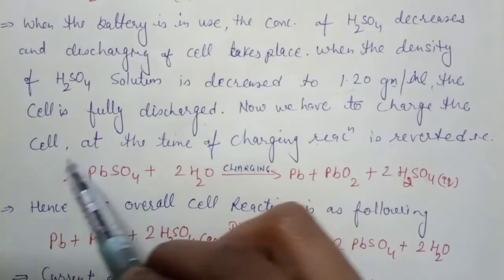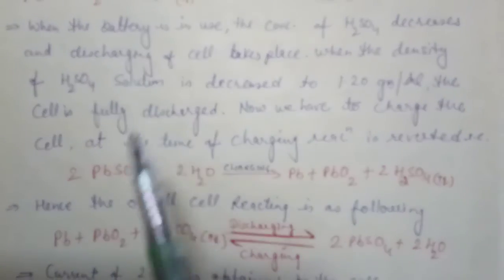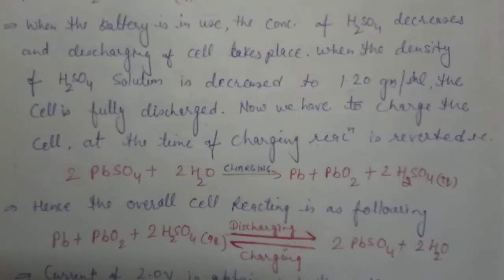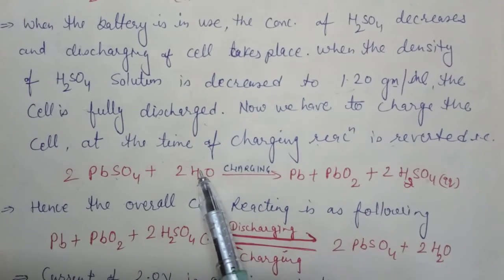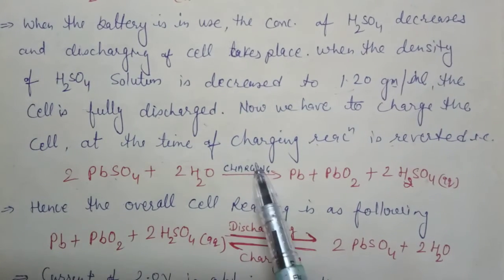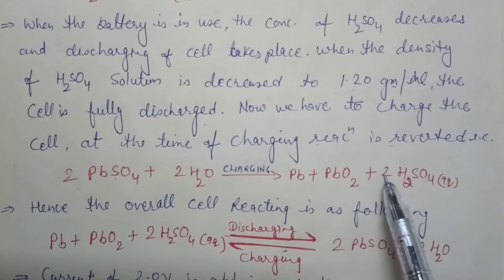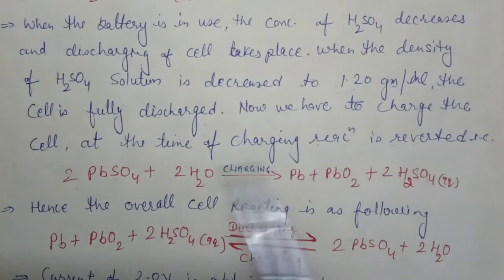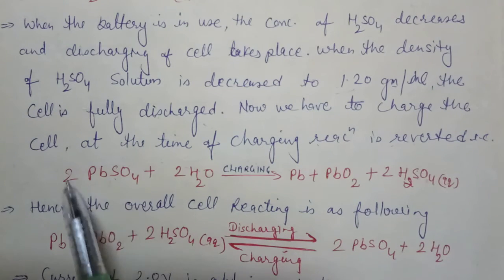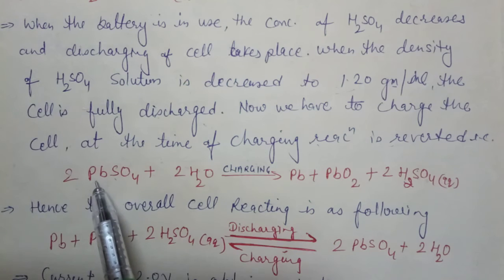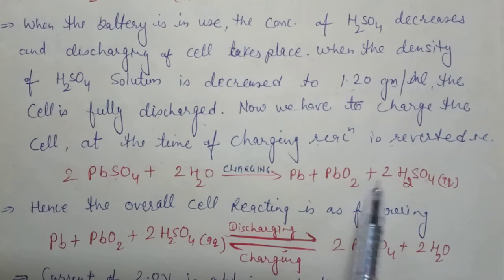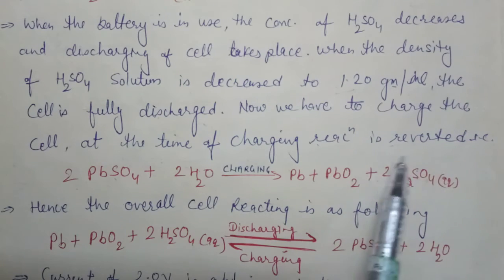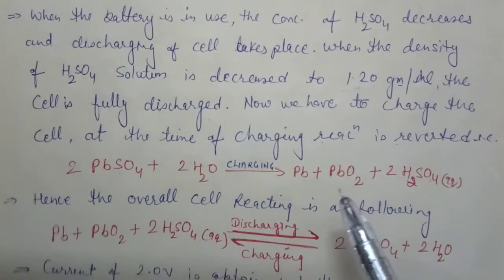Now we have to charge the cell. Okay. Now at the time of charging, the reaction is reversed. Means 2 PbSO4 plus 2 H2O is equal to, during charging, Pb plus PbO2 plus 2 H2SO4. Means the PbSO4 deposited on the PbSb grids is dissolved in the solution, and H2SO4 is concentrated now.